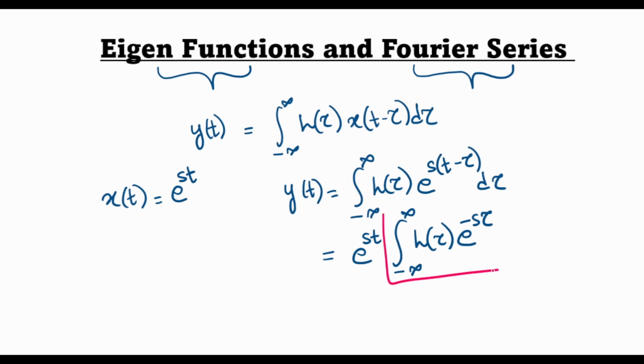As you can see, this integral depends only on the complex variable s and the integrating variable tau. Thus, as far as the independent variable t is concerned, this is a constant. So I can write y of t is equal to e to the power st times h of s, which is a constant.